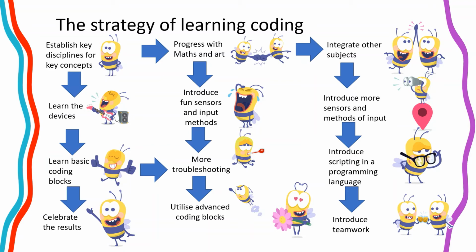What are the tools for writing a program? It always is important that you celebrate your results. You learn how to troubleshoot, how to progress and integrate with maths, art, anything you want, and teach coding combined with other subjects. And you will see the integration is quite important.